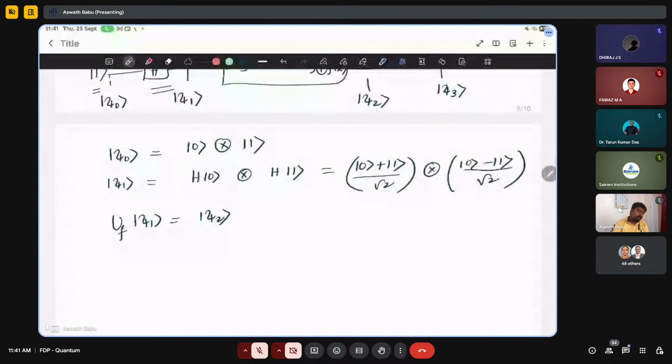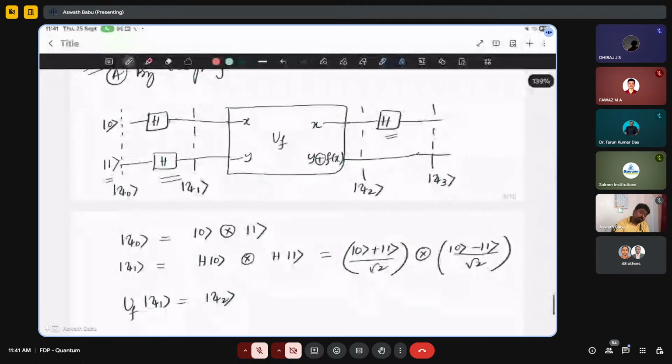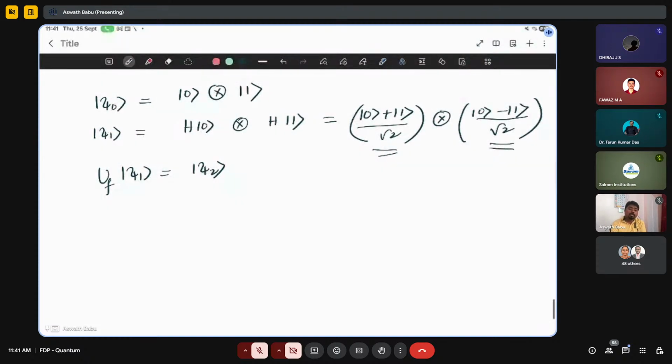How to find it? Okay, but the thing is, I see my x is in superposition, and y is in superposition. So there is a trick I want to use. There is an easiest way to find what happens when x is in superposition and y is also in superposition. So what I'll do now is take the control in some generic form, and the target is 0 minus 1 divided by square root of 2.